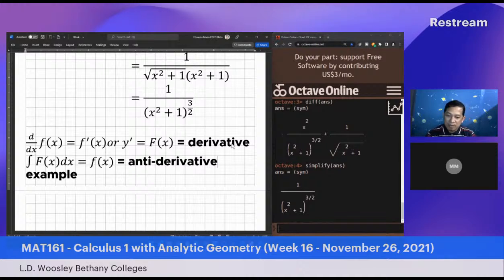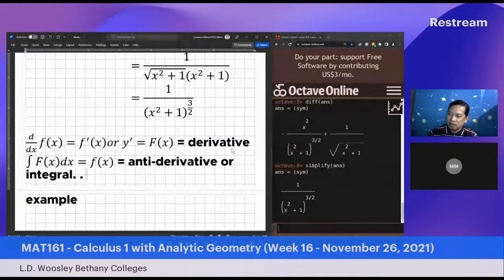If you get the derivative of a function f prime or y prime, that's equivalent to the capital F of x. That's what we call the derivative. And you will get an opposite operation such that you will get back to the original, the small f of x. That's what we call antiderivative, or sometimes we call it integral. That's what we call integral calculus.